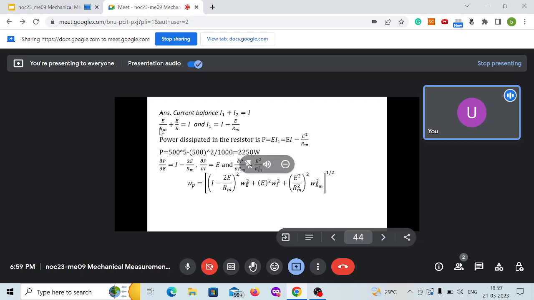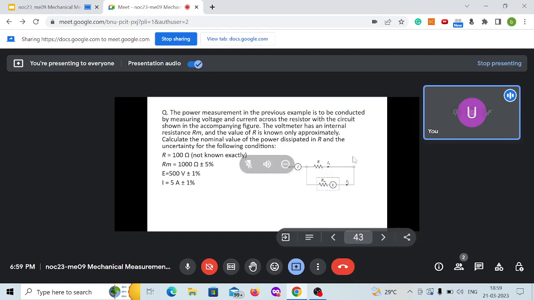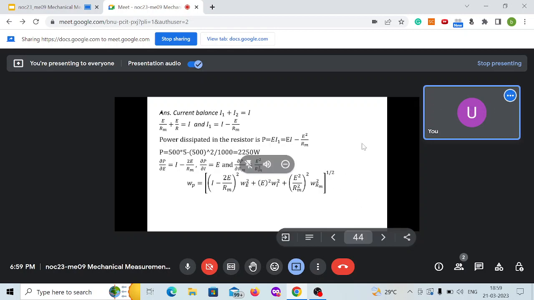So E by Rm plus E by R equals I. So I1 will be I minus E by Rm, since the I2 value is E by Rm.